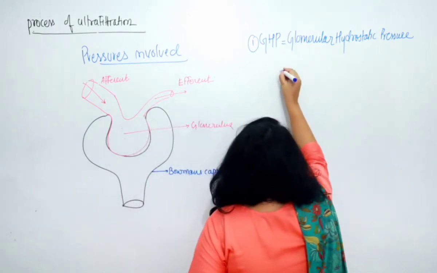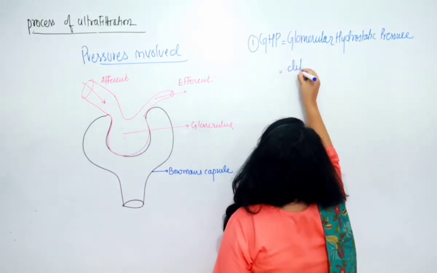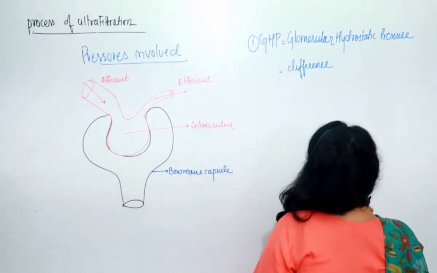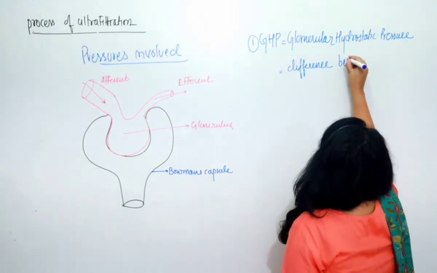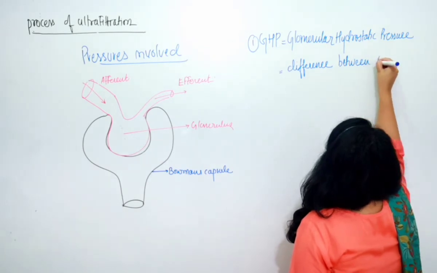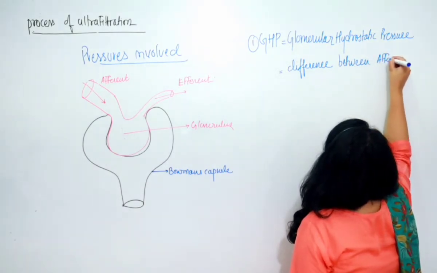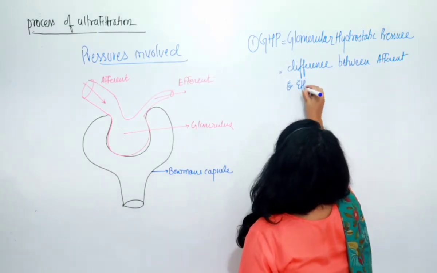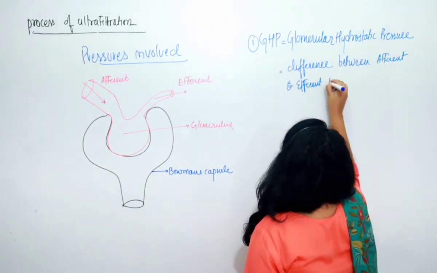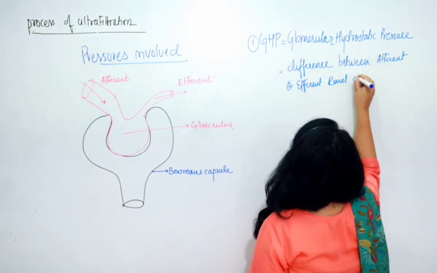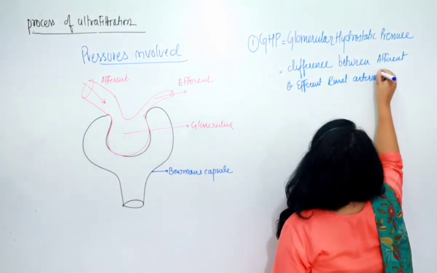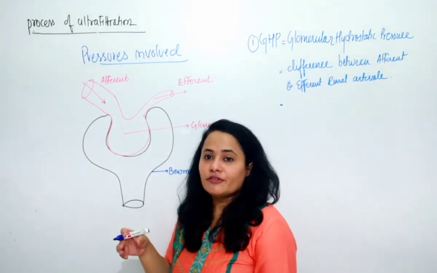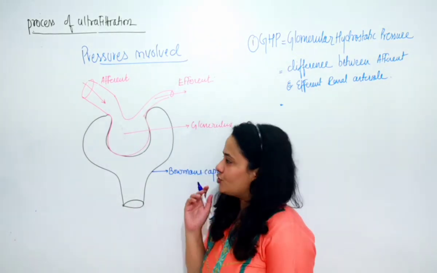So this pressure is because of the difference between the afferent and the efferent renal arteriole, and that is something around 75 or 60 mmHg.